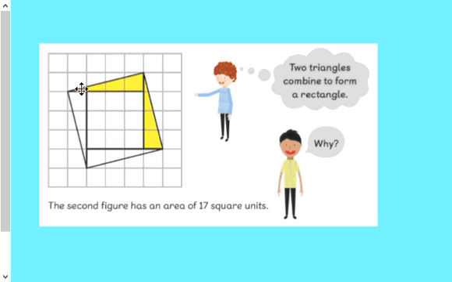I then have 2 lots of 1, 2, 3, 4, which is 8. So 9 plus 8 would be 17 square units. And it's interesting that if you do pop those together, they do fit perfectly. It's one of the laws of geometry that for some reason they always fit together cleanly.